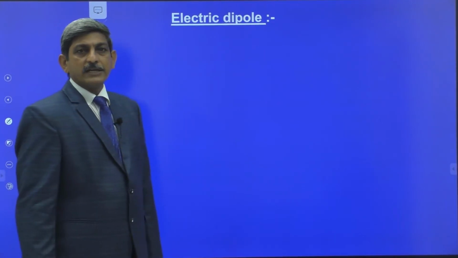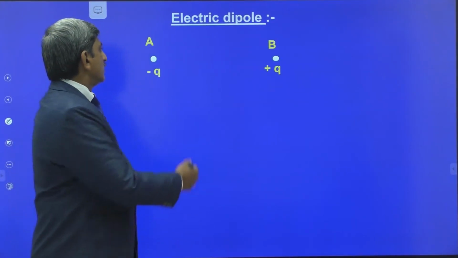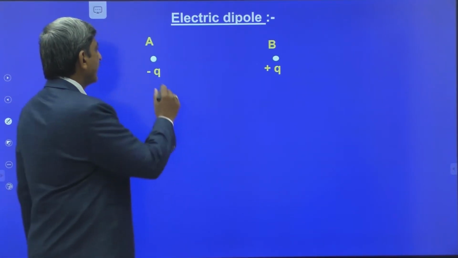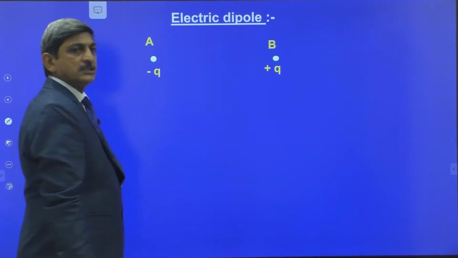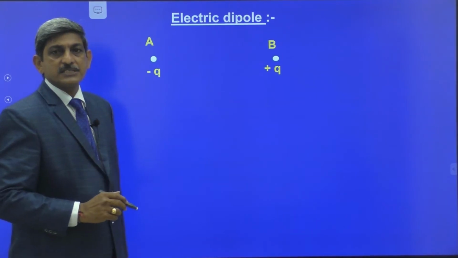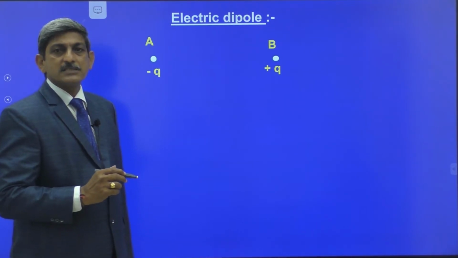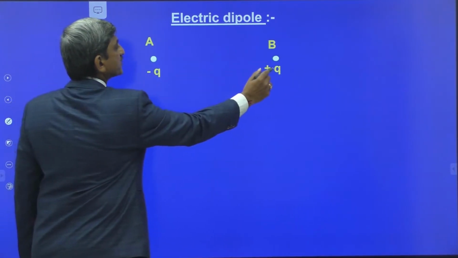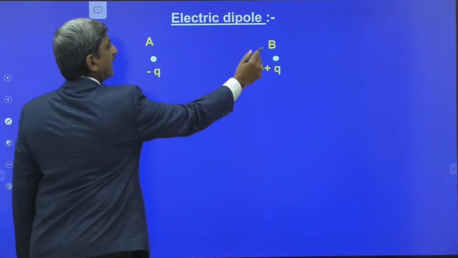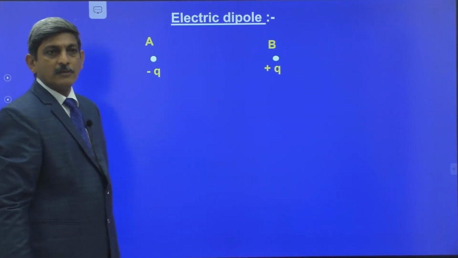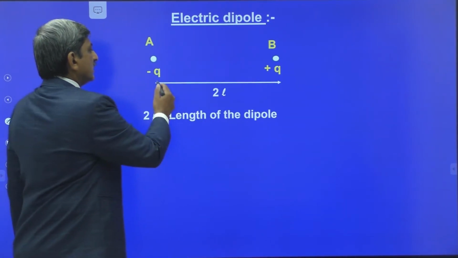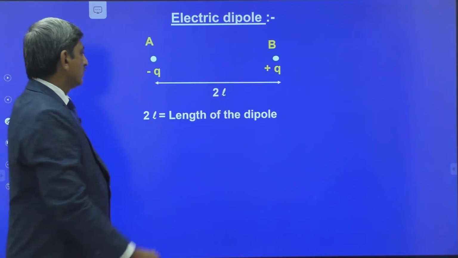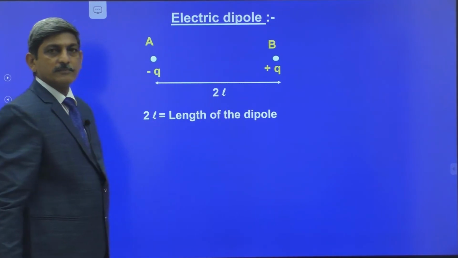First, what is meant by electric dipole? Two equal and opposite charges, minus q and plus q, separated by some distance, is called an electric dipole. Here the two charges minus q and plus q are placed at points A and B. The distance between the two charges is called the length of the dipole, let it be 2L.